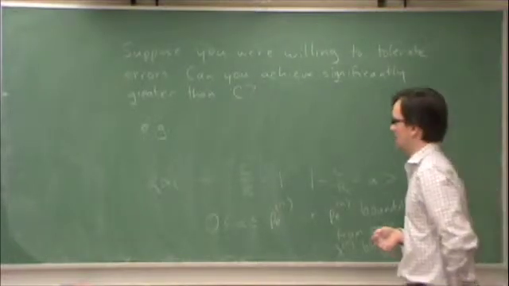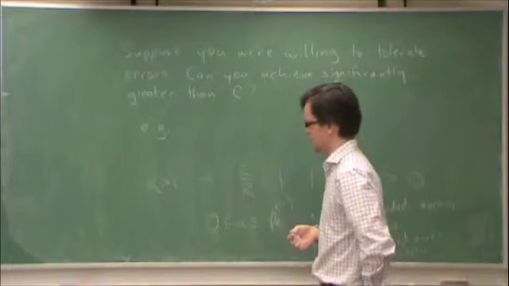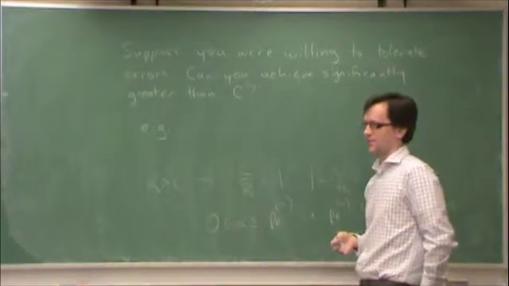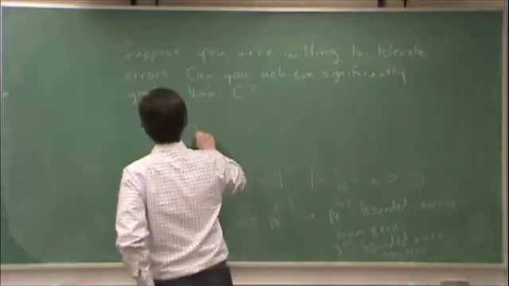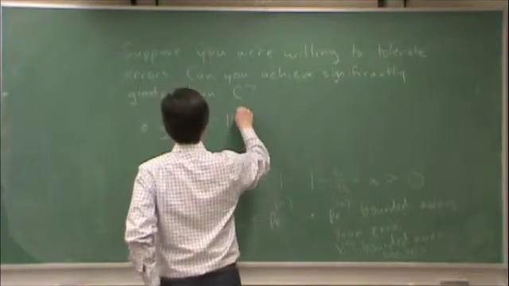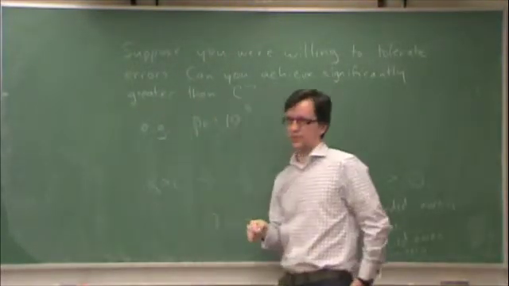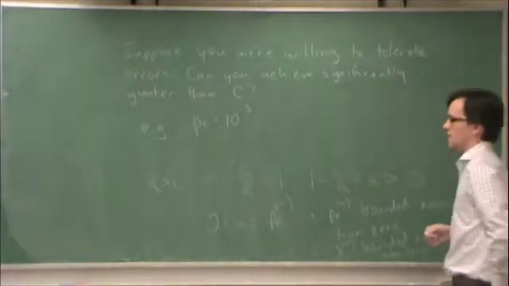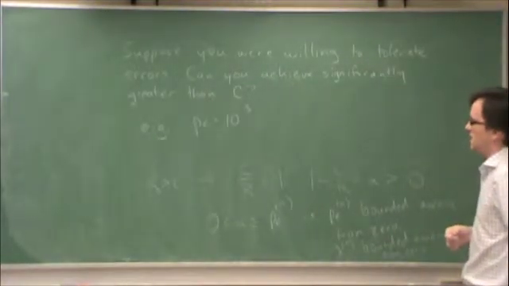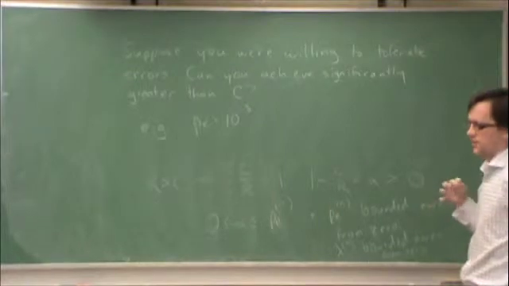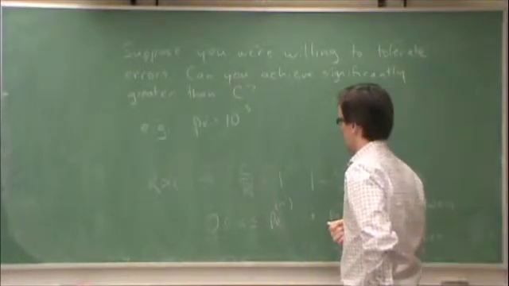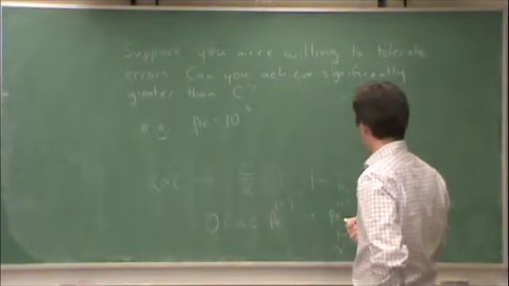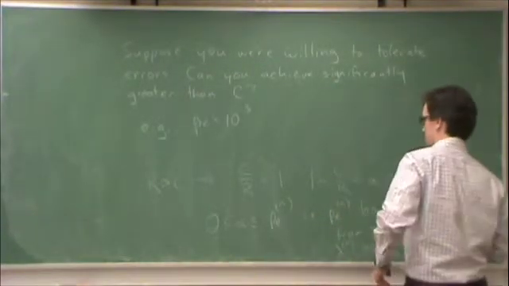For instance, modern cellular voice applications can tolerate frame error rates of, say, P_E of 10 to the minus 3. In other words, 1 out of every 1,000 frames contains an error. Above that, too many frames get thrown out and the voice sounds choppy. So let's say you're willing to tolerate a message error rate of 10 to the minus 3.